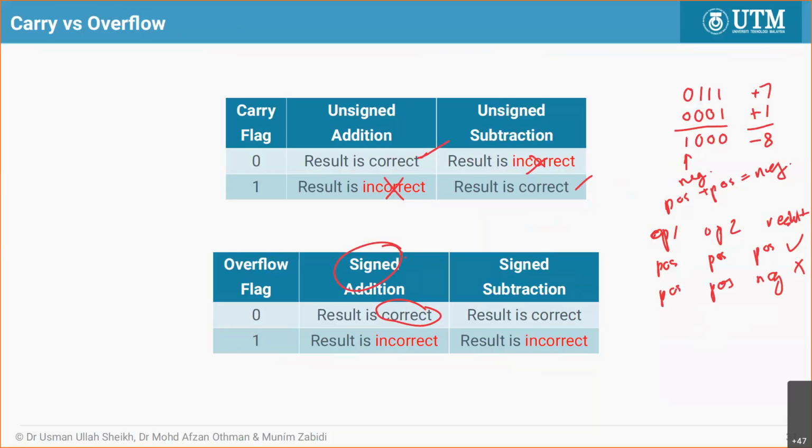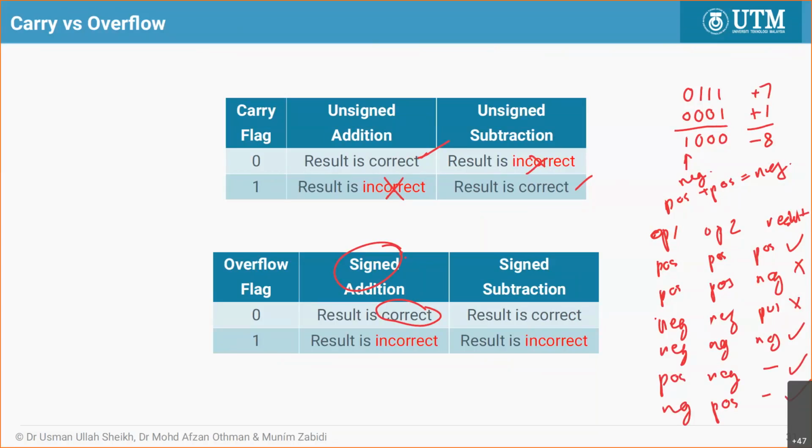You can also have an incorrect result when negative plus negative gives positive. This is no good. Of course, negative plus negative getting negative is what we expect, and this is okay. Lastly, to complete the table: positive plus negative can never overflow, and negative plus positive is always okay.